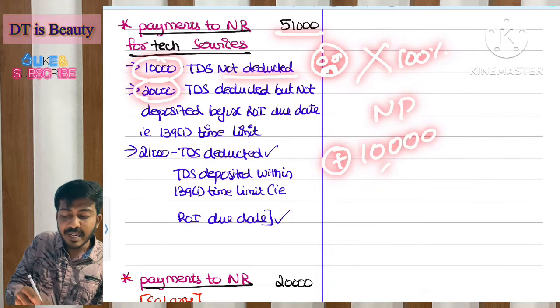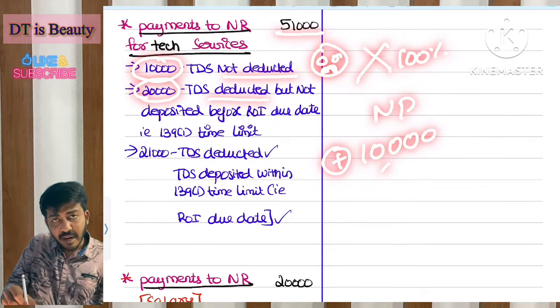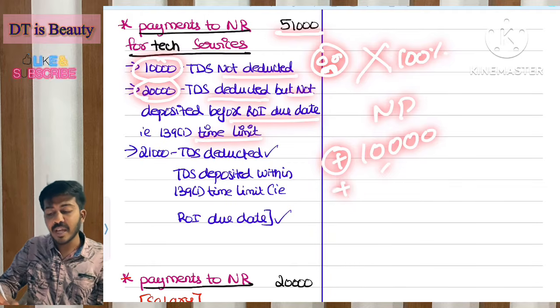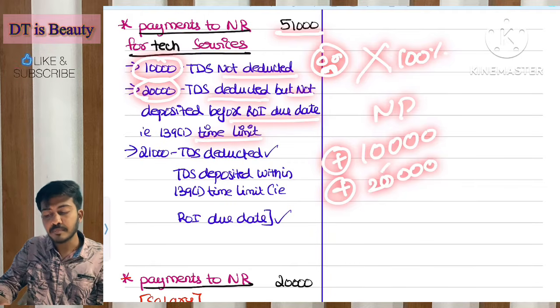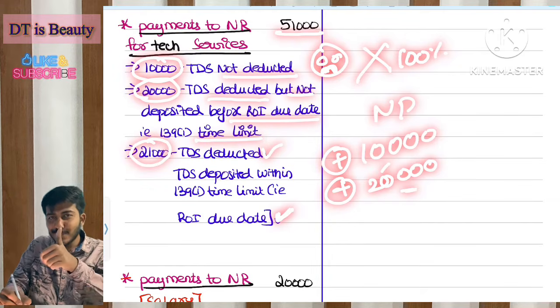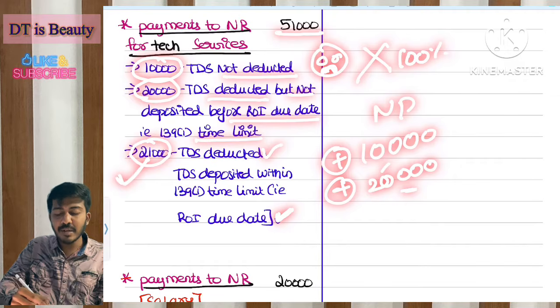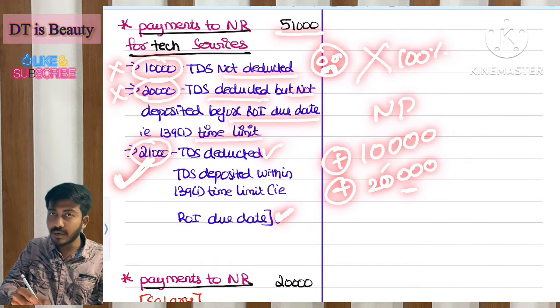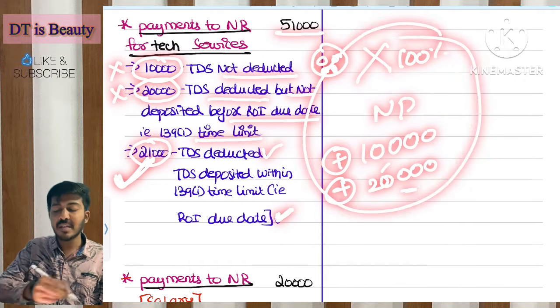Next, on 20,000 TDS deducted but did not deposit before the income tax due date. Then add back 20,000. Simple. And on another 21,000 TDS is deducted and also deposited. Super, nothing needs to be done because this is a tick. Only this is wrong and this is wrong. This is a tick. Correct or wrong? So this is what our answer will look like.